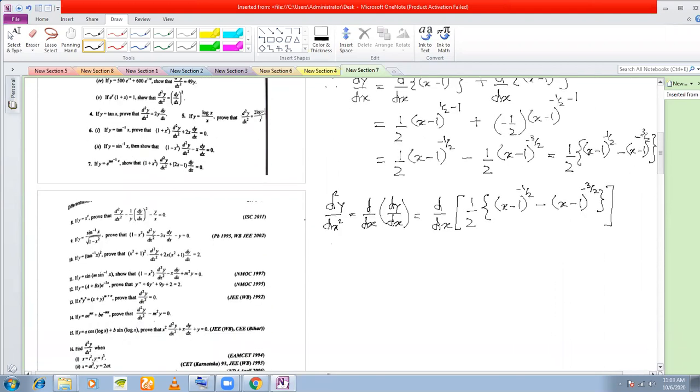So now you can take half out: half ddx of x minus 1 to the power of minus half minus ddx of x minus 1 to the power of minus 3 by 2.